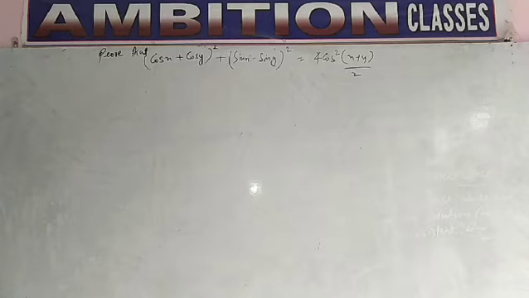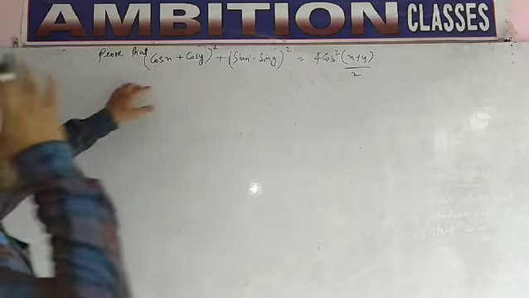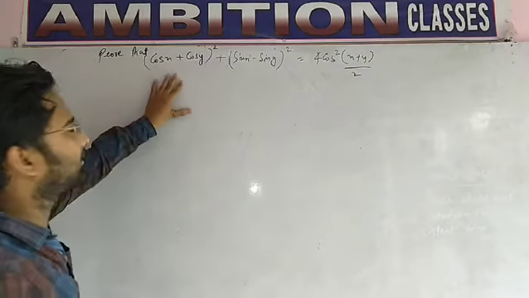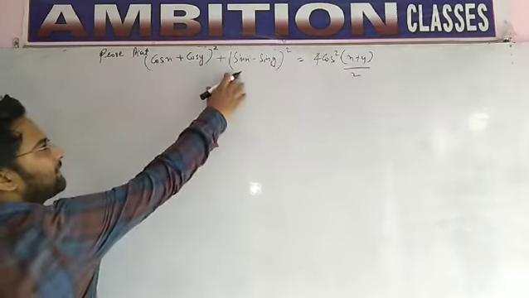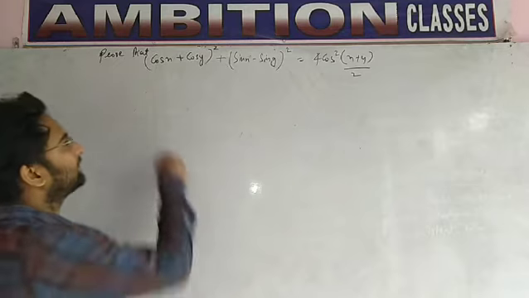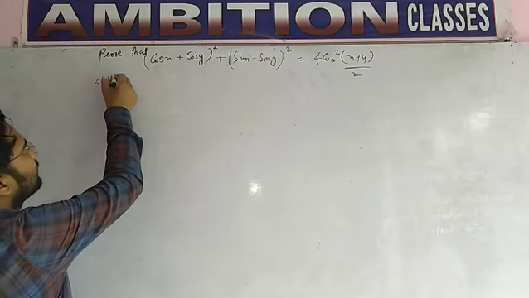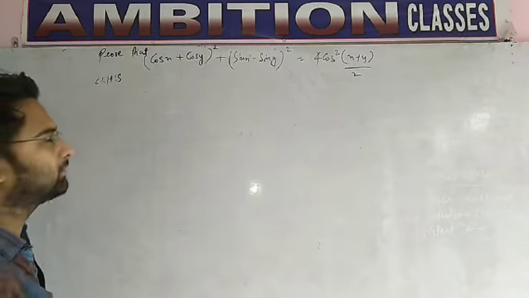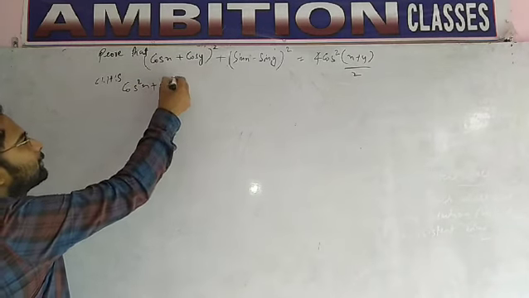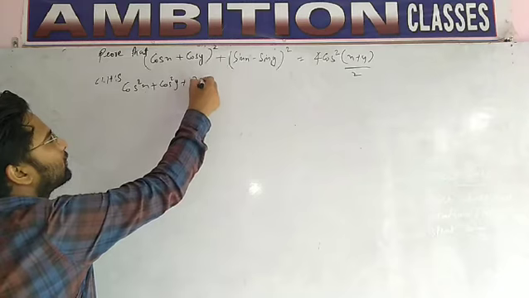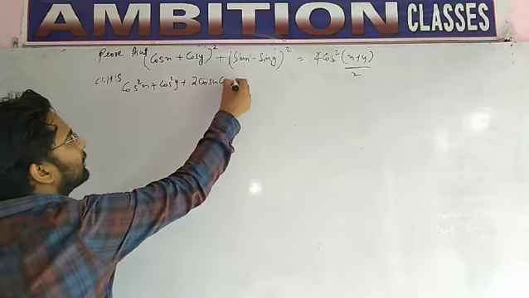Okay, students, let's solve. Firstly, we have to expand this using the a plus b whole square formula, and now we have to expand this using the a minus b whole square formula. Let's see. LHS, cos x plus cos y whole square means a square plus b square plus 2 cos x into cos y.